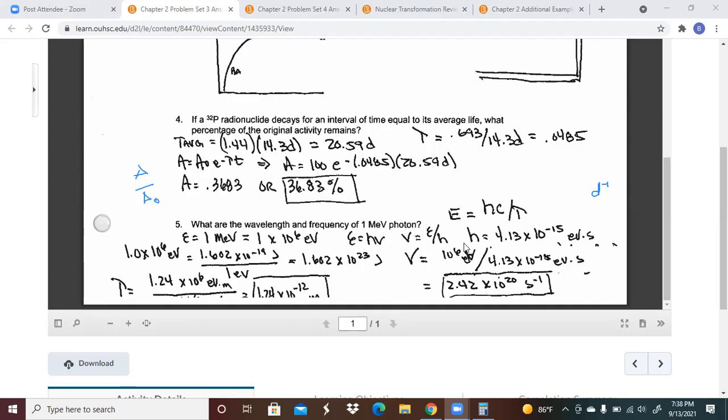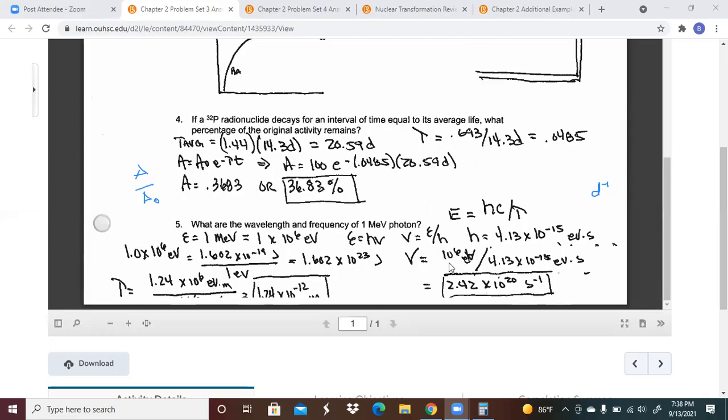We know what h is. We know what this constant is. Since we know what this is and we know what the energy is, all we're trying to do here is compute this into joules for later on.